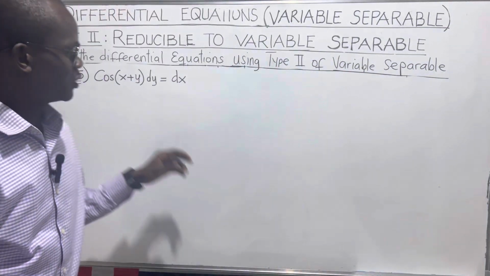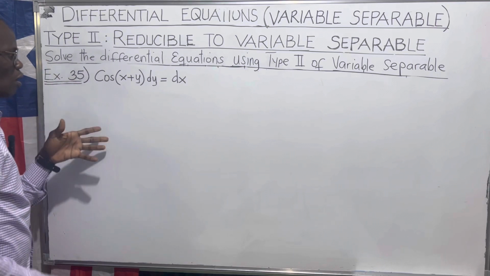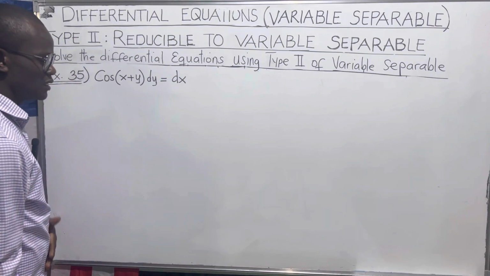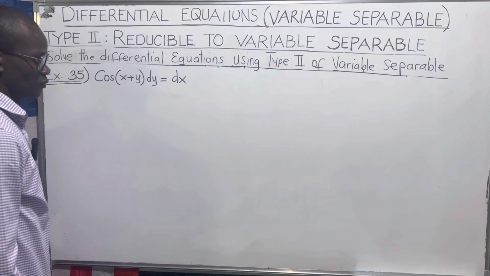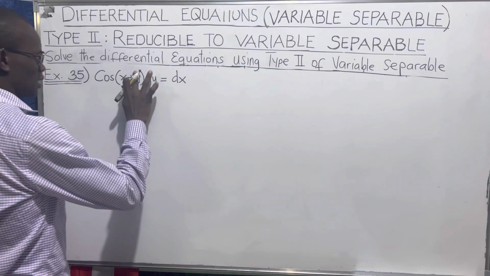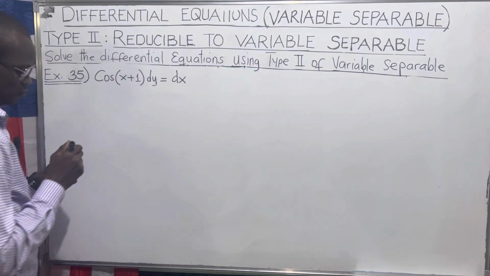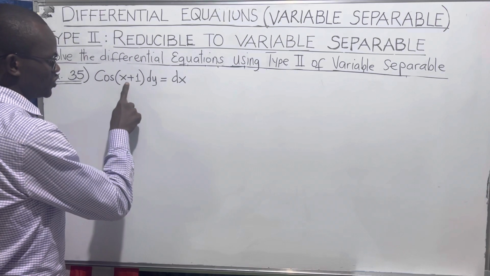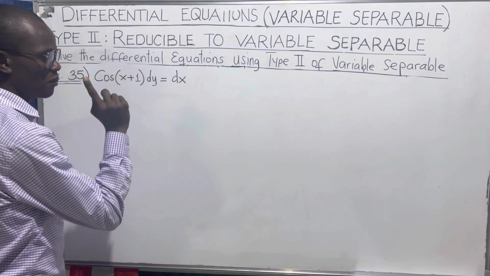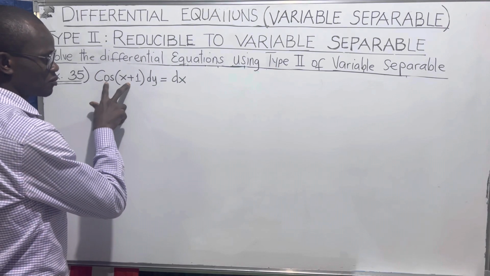Question 35 says cos of (x plus y) dy equals dx. If the angle had x plus 1, it means within here we just have a single variable, which is x, so we can just divide both sides by cos of (x plus 1).